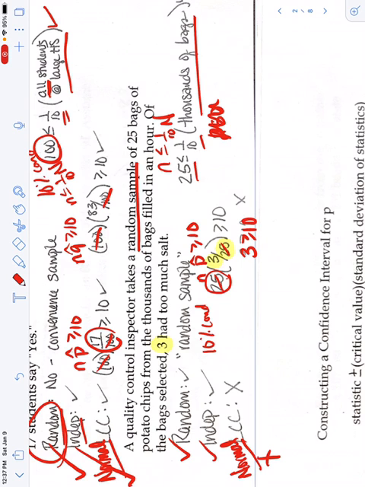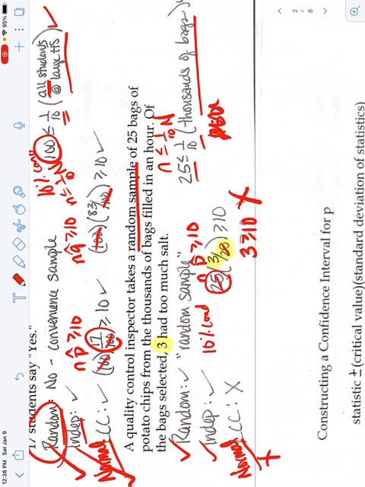And 3 is not greater than or equal to 10. So no, the LCC is not satisfied. So this sample does not follow a normal distribution. So I can't use a normal distribution to approximate the probability of whatever they're going to ask me about it. So this one fails the conditions. I would have to stop there.